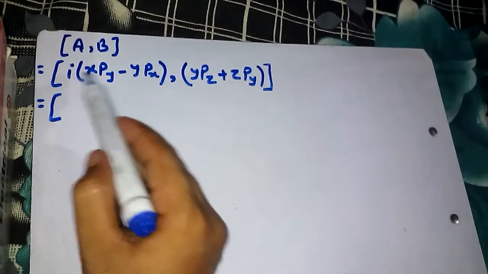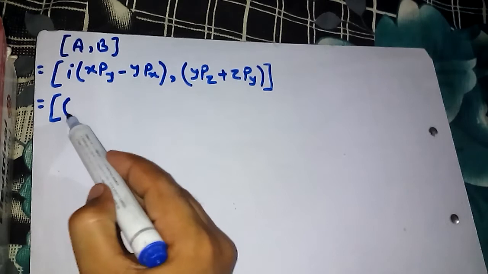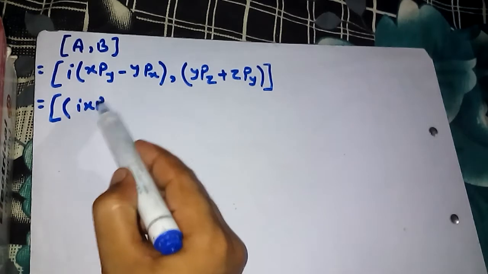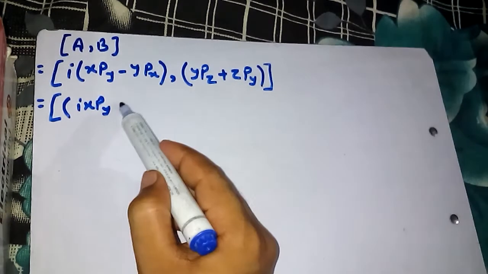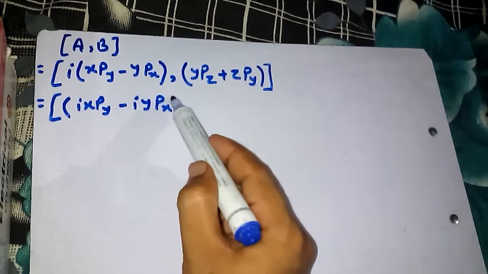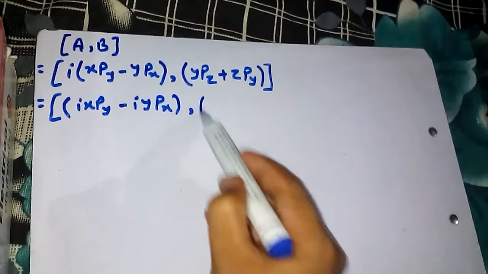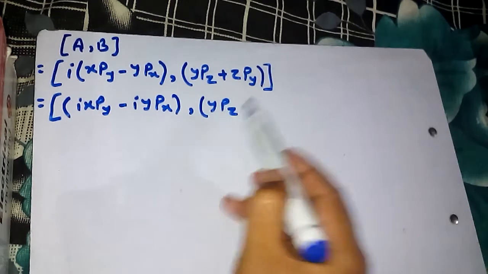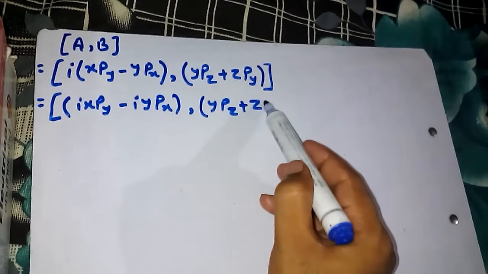Now let us multiply i with each term, so it becomes i xpy minus i ypx, and this term is ypz plus zpy.